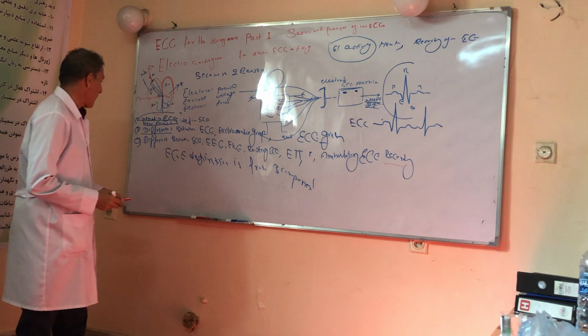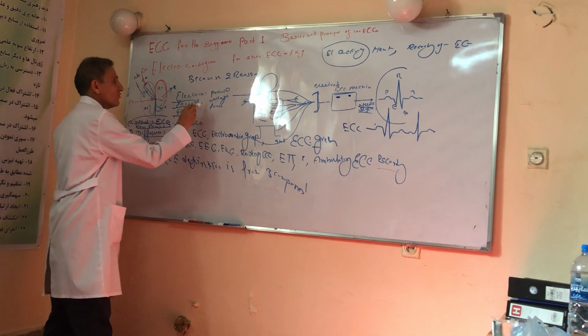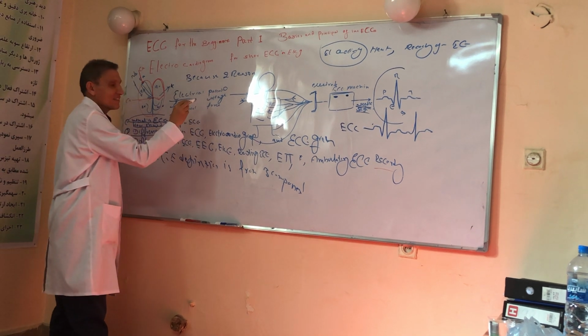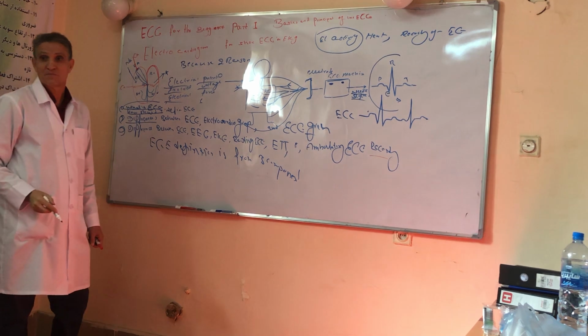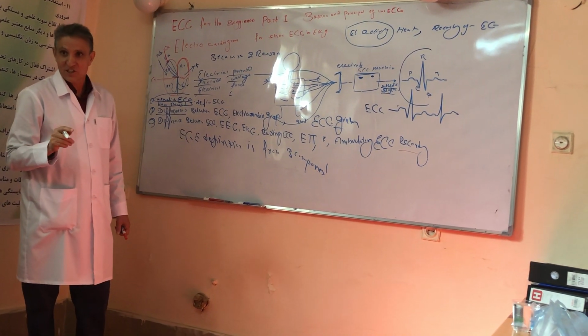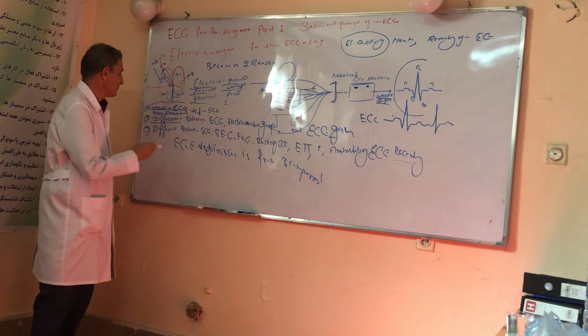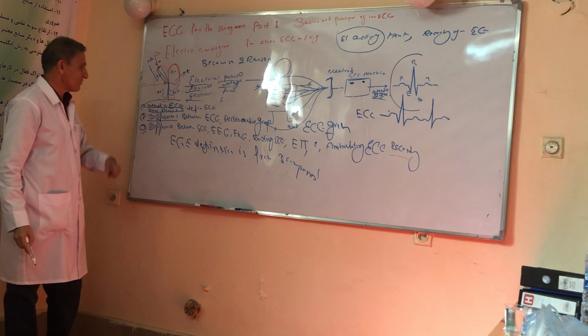This was about the definition. You should also understand that electrical voltage, electrical force, electrical current, electrical discharge, and electrical impulse are all the same. They give the same concept or meaning, just looking different. This was about how we define the ECG.